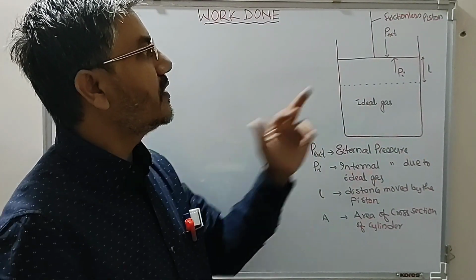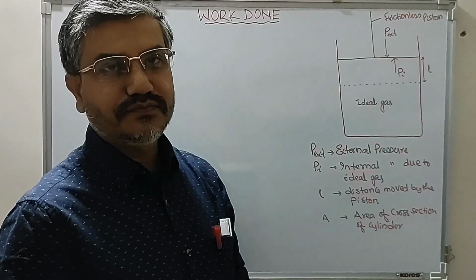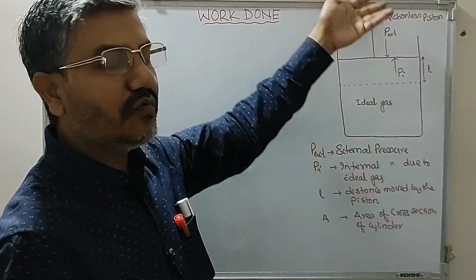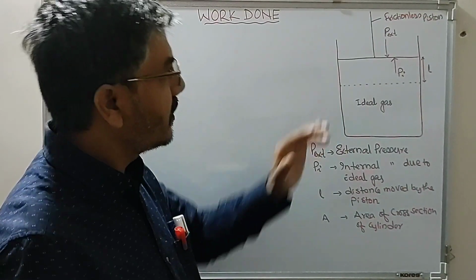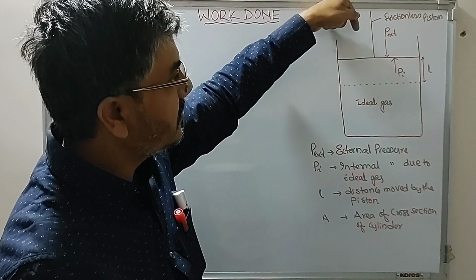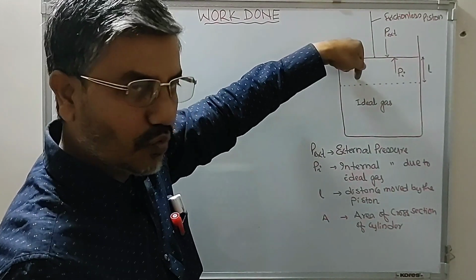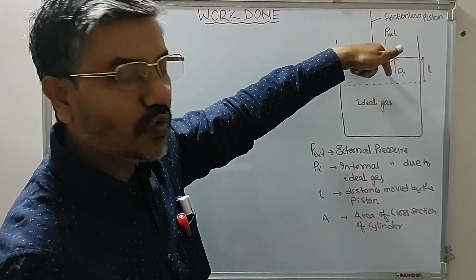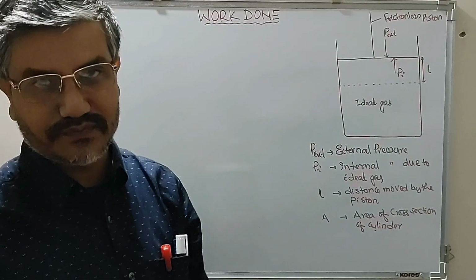Now depending on the values of external pressure, this piston will move downward or will move upward. If the external pressure is greater than internal pressure, this piston will move downward till the external pressure becomes equal to internal pressure.